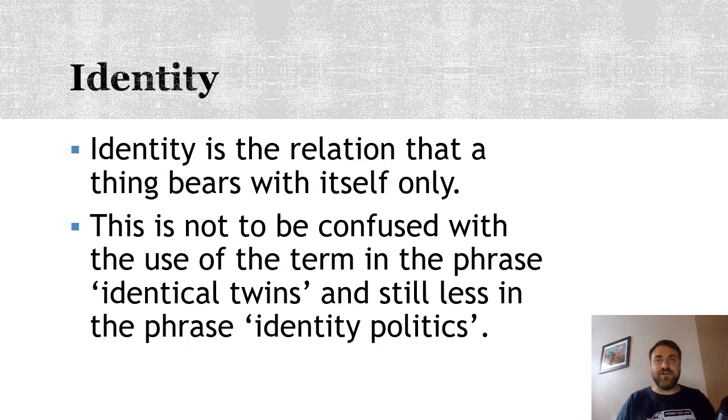If I point to two apples on the table and ask how you can tell that those two apples aren't the same apple, it's a trick question, because there's two of them. If there are twins, they cannot be identical in the sense that we're after. Instead of identical twins, they should really say exactly similar twins.